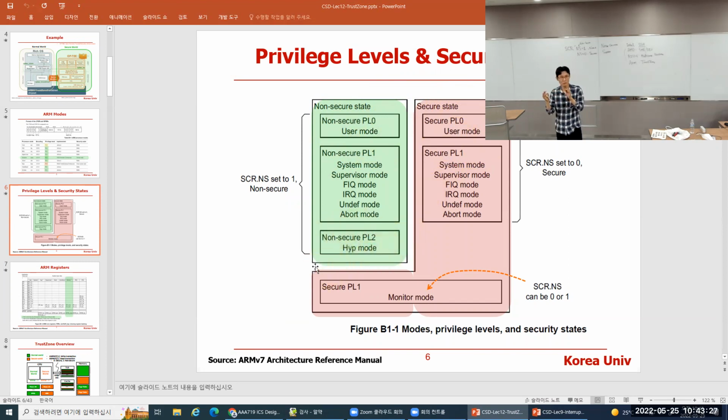You probably don't want to run a hypervisor in secure world. That is too much. We want to run only trusted software, so virtualization support is too much of a problem. That is why the ARM architects decided not to support hypervisor mode in secure world. So you have 7 different operating modes.